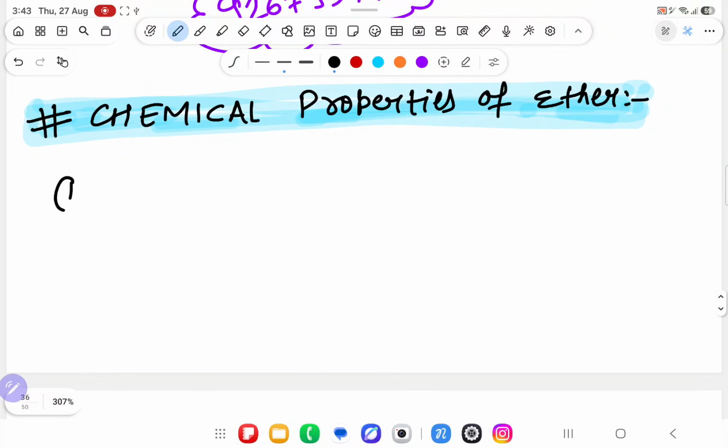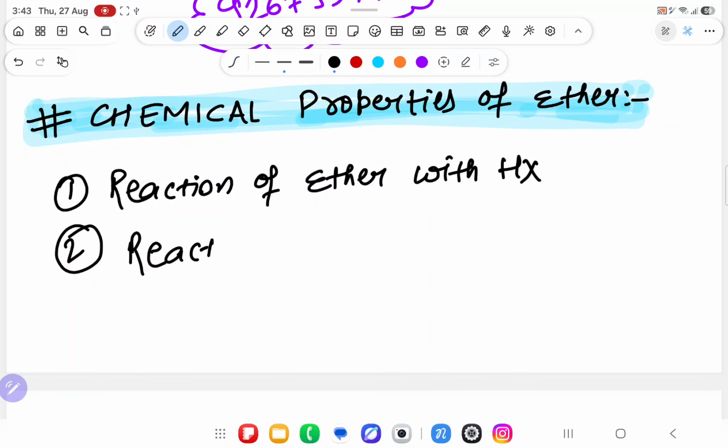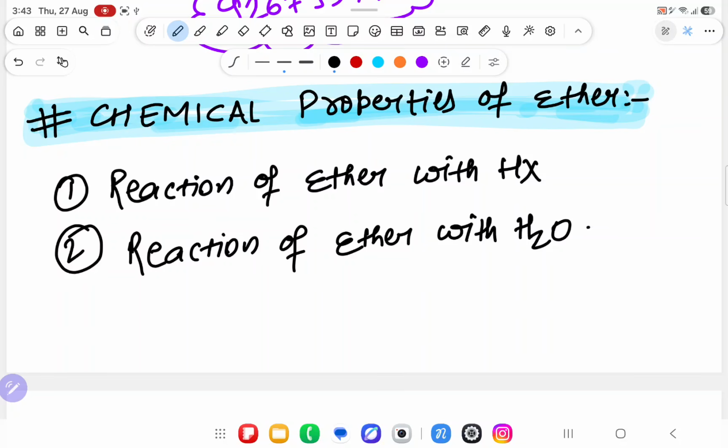Now in chemical properties we are going to see only 2. First one is reaction of ether with HX, and second one is reaction of ether with H2O. Only 2 are there.